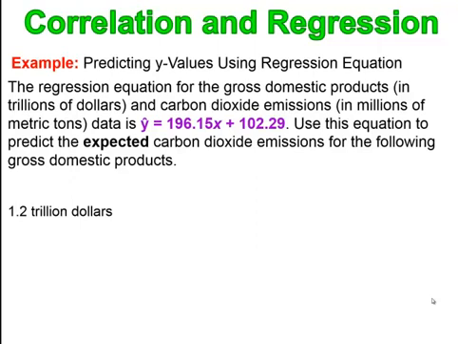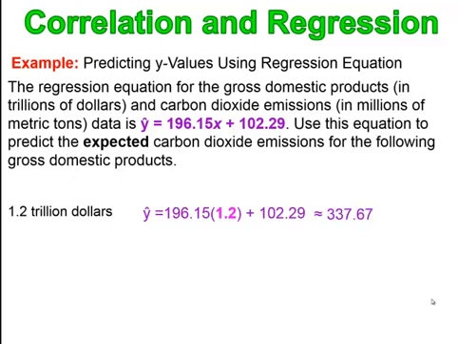In this case, we're told that we have $1.2 trillion, and we want to know what we can expect our carbon dioxide emissions to be with that $1.2 trillion. To do this, we're going to use the equation, substitute that 1.2 into our x variable, and then solve for y.